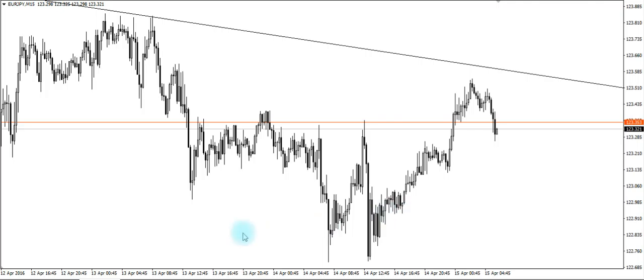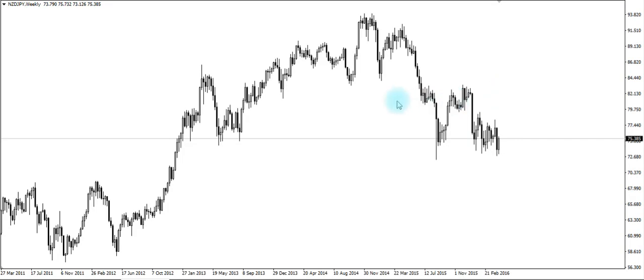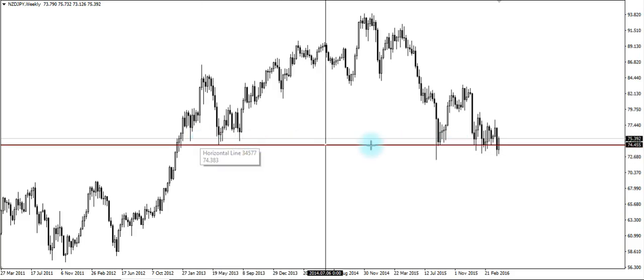And next we have the New Zealand dollar against the Japanese yen into the weekly charts. We can see that the price has also closed slightly below a key support level at the price of 74.42. Alright, so that's a key support level.